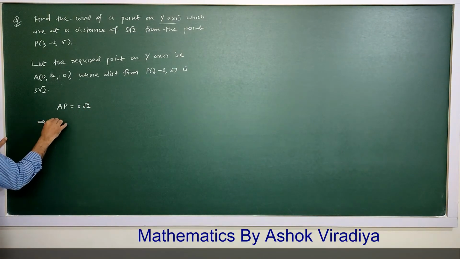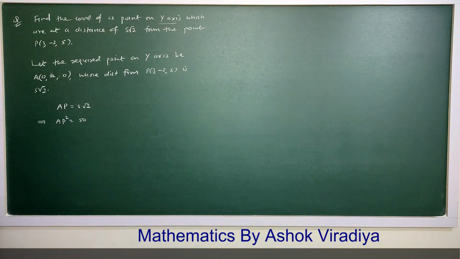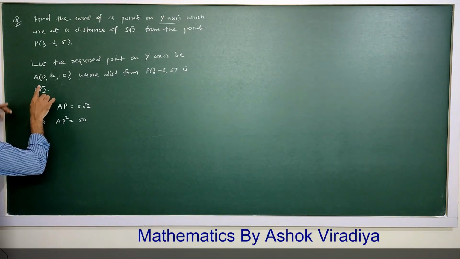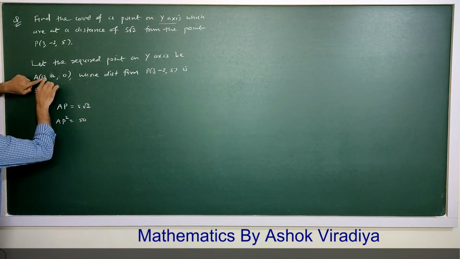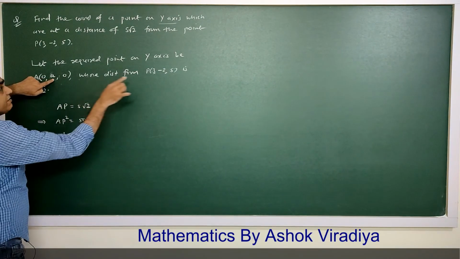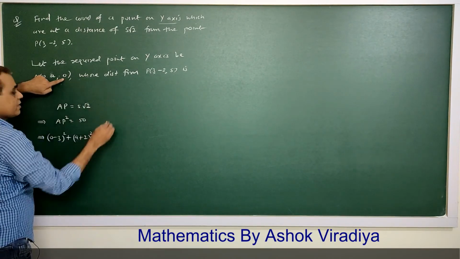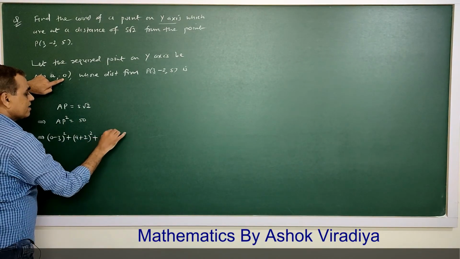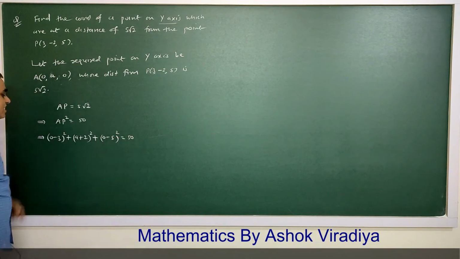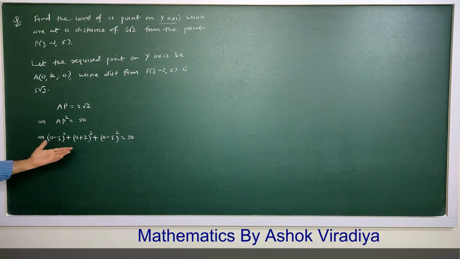Therefore AP square is equal to 50, squaring on both sides. Now using distance formula, AP square is x1 minus x2 square plus y1 minus y2 square plus z1 minus z2 square equal to 50. Because of square, we do not put radical sign here. Radical sign is removed because square is taken.